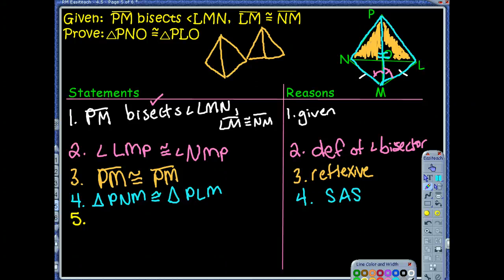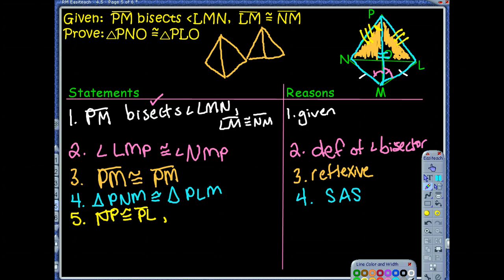So I see that they share segment NP and segment PL. So I know those can be congruent. And I also see they share some angles, those top angles.